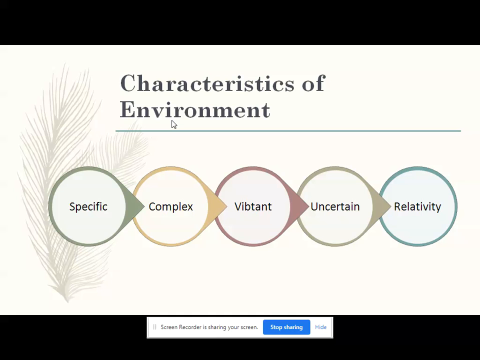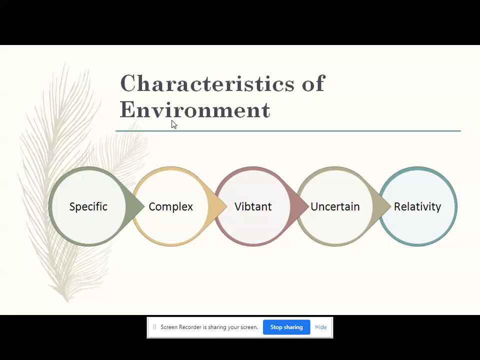Examples of these specific forces are the various customers and investors. General forces are those forces which indirectly affect the organization. Examples of general forces are societal, political, legal, and technological factors. So, this is about specific and general forces, and this is one of the characteristics of environment.